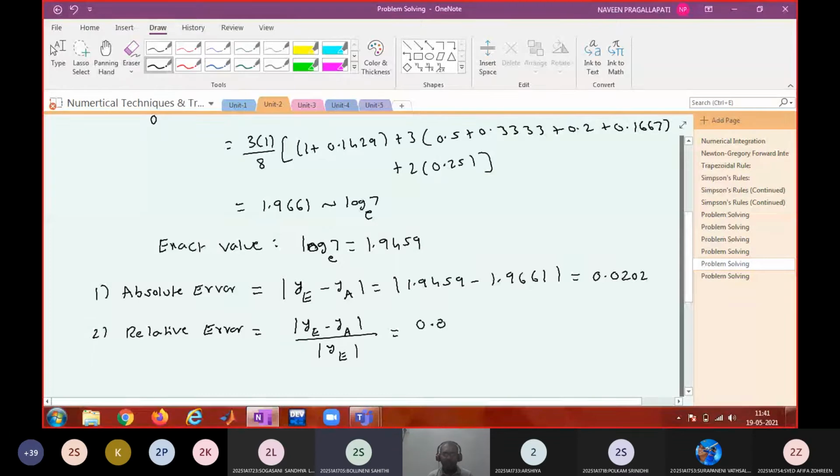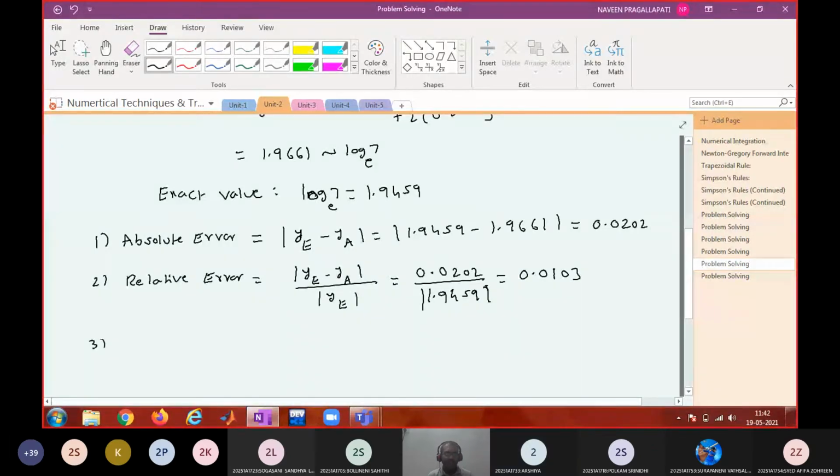So 0.00202 divided by modulus of y, which is 1.9459. What is this value? 0.0103. So what is the relative error?